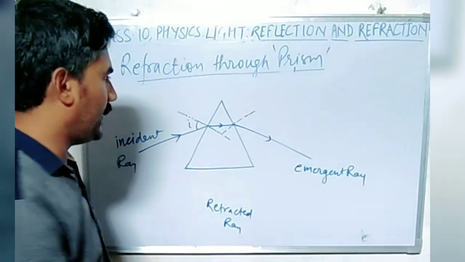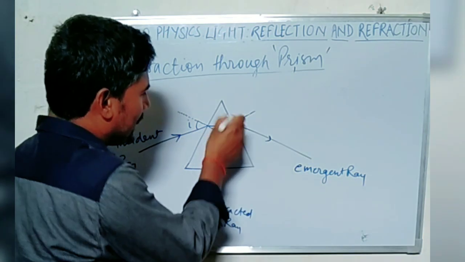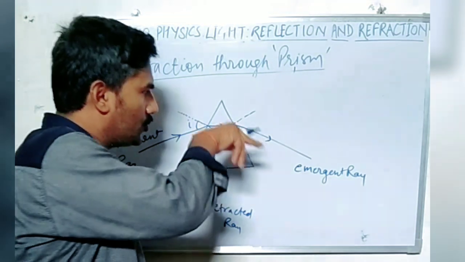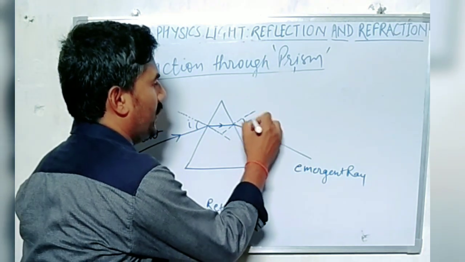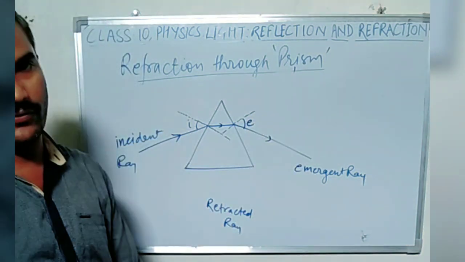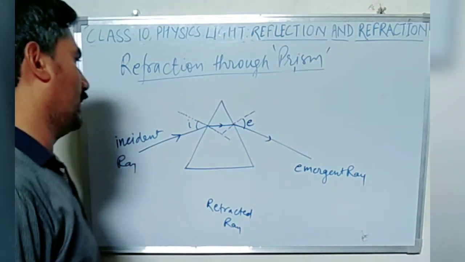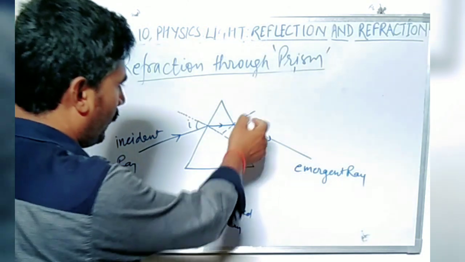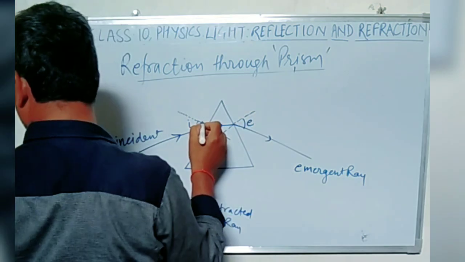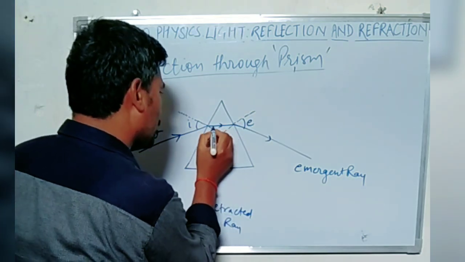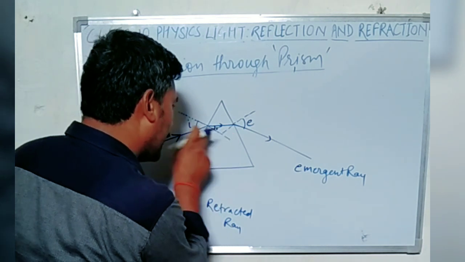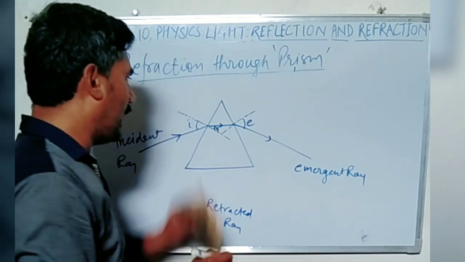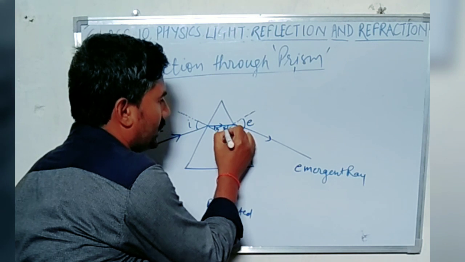Why does it deviate away from the normal? Because it is coming out of the denser medium to the rarer medium. So that is why it bends away from the normal. So from here we have angle of incidence, angle of emergent ray, and we also have angle of refraction R1 and angle of refraction R2.